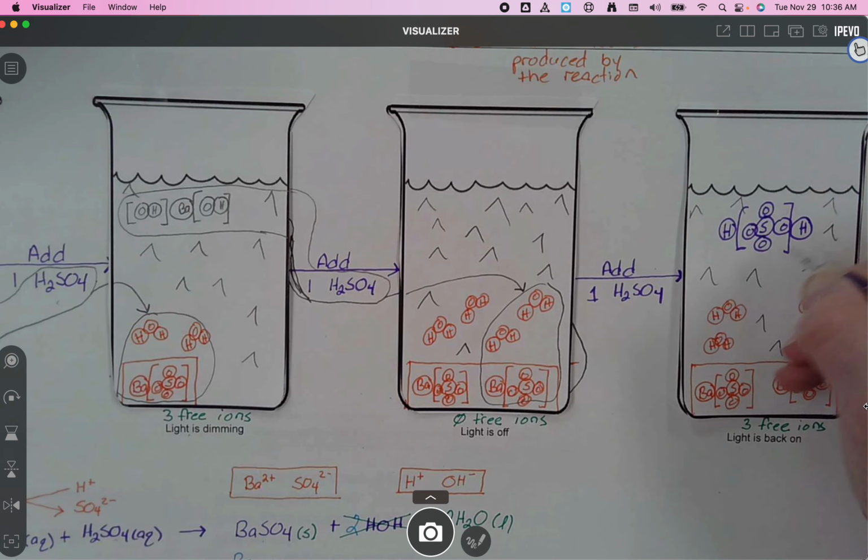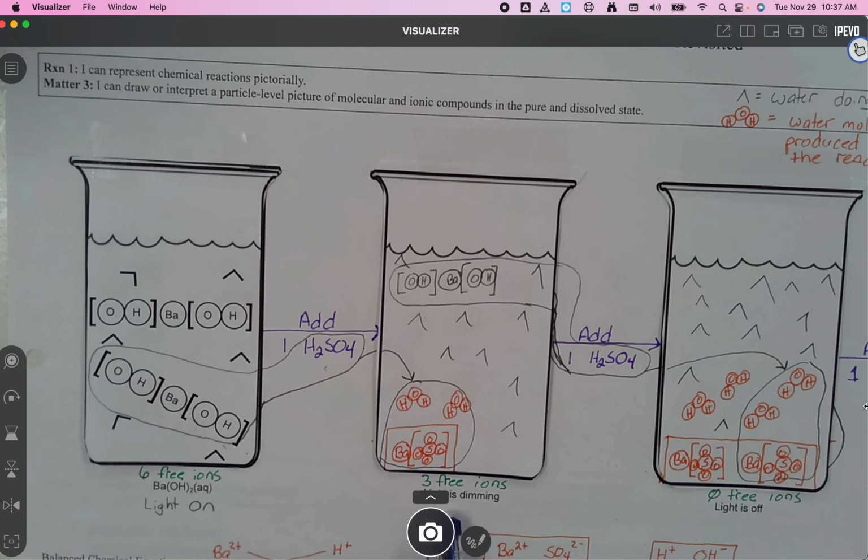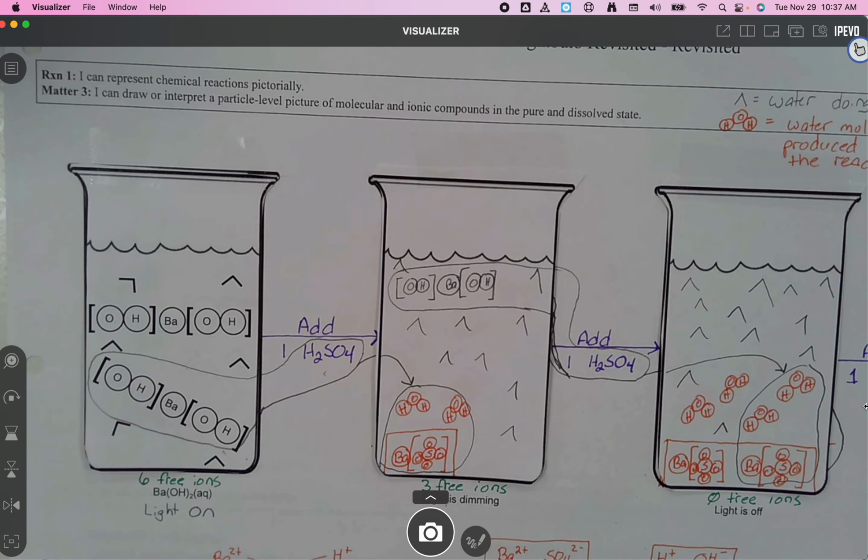And so this is a simplified picture of what went on that could be useful if we had to explain this to somebody who hasn't had a lot of chemistry and we didn't want to get into the details about the dissolving and everything else. I think we could still kind of sell this as an explanation. If we know that the barium hydroxide conducts electricity, and that the sulfuric acid conducts electricity, I think we could sell this as it conducts electricity, there's still some of it left, so the light is dimming because there's less of it.